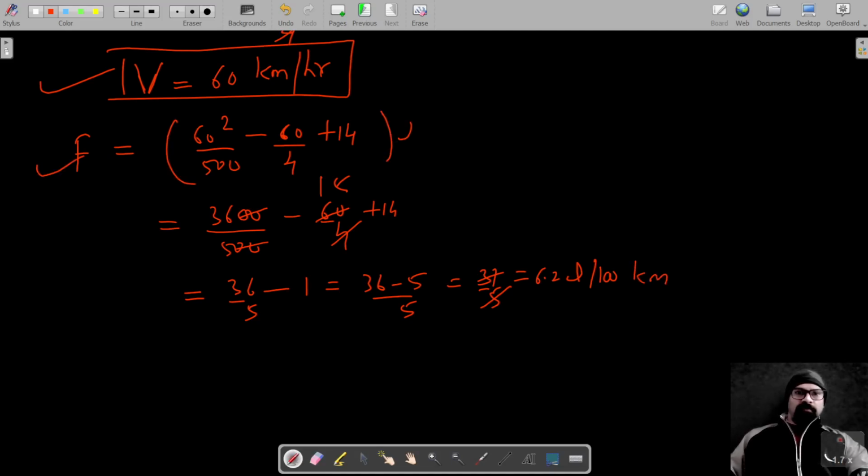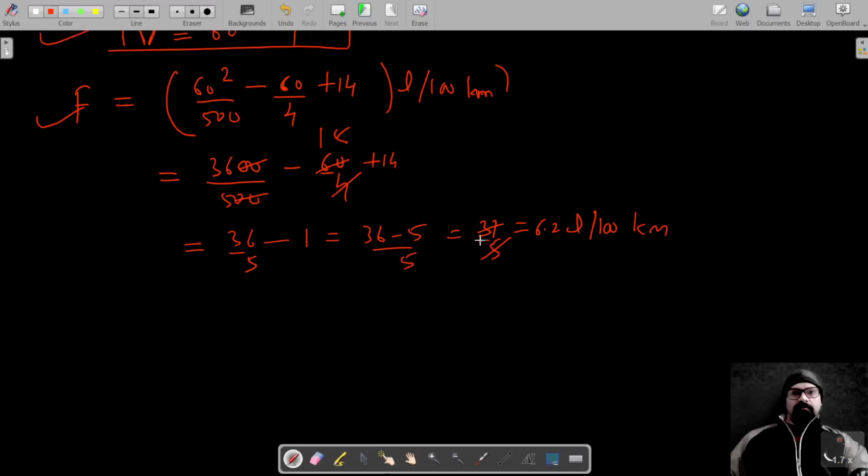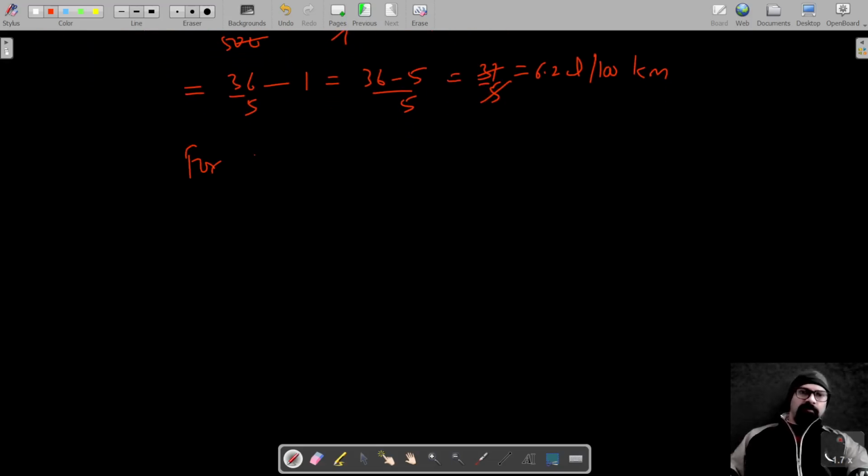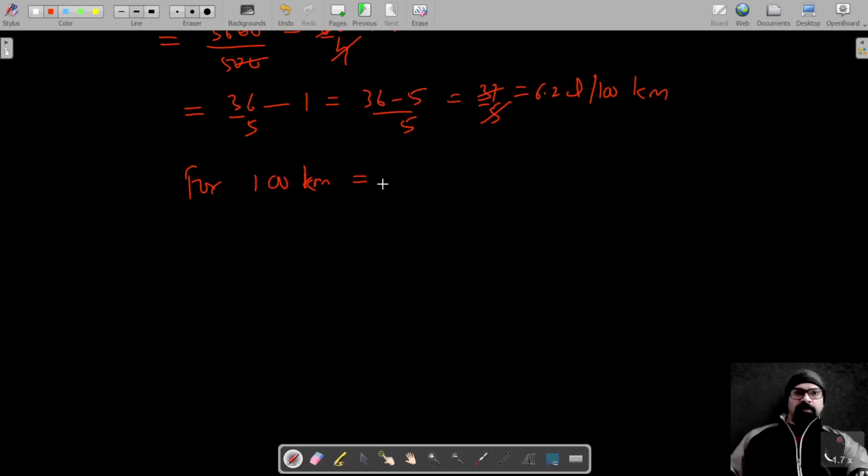Because this gives us the fuel consumed per 100 kilometer, that means for 100 kilometer at this speed of 60 kilometer per hour, it's 6.2 liter. And we have to find it for 600 kilometers.